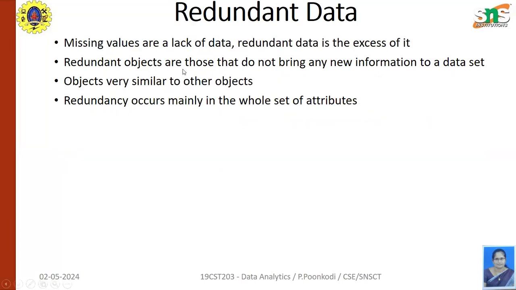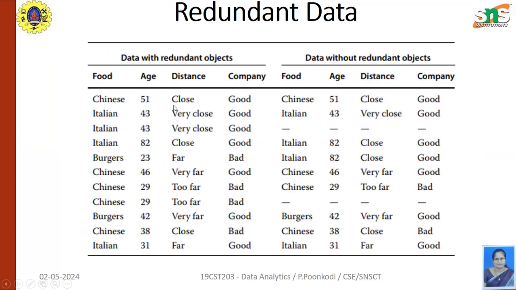Redundant data is due to the lack of data, and thus does not bring any new information. This is an example of redundant data. You can see the first table, the data with redundant objects, and the second table shows the data without redundant objects.